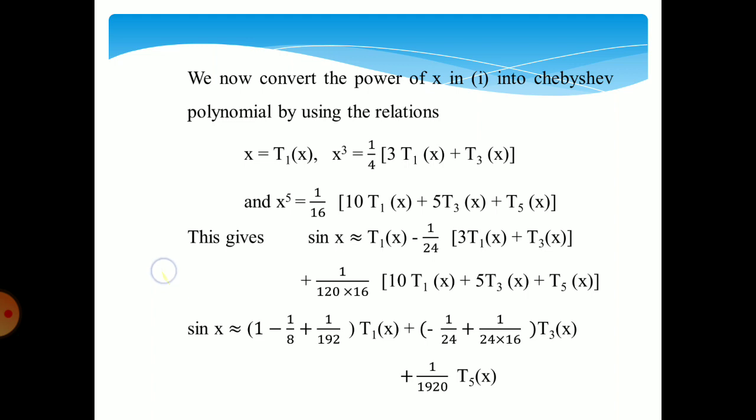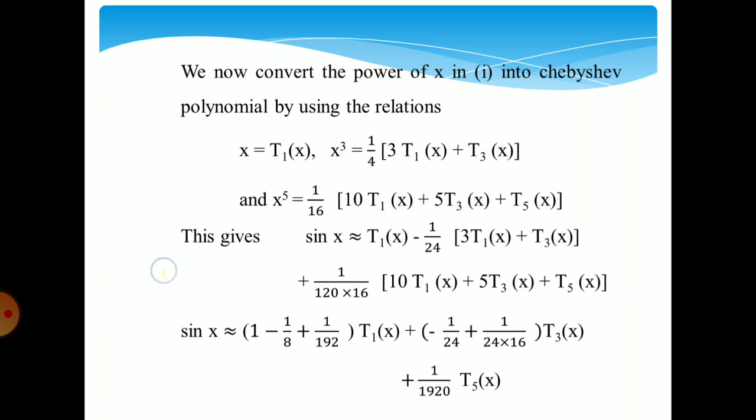You will get sin x is equivalent to, see the simplification yourself, I have written the equation directly. Sin x is equal to t1x minus 1 upon 24 (3 times t1x plus t3x) plus 1 upon 120 into 16 (10 times t1x plus 5 times t3x plus t5x).